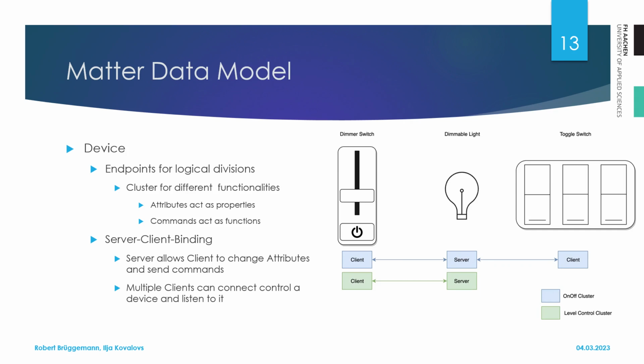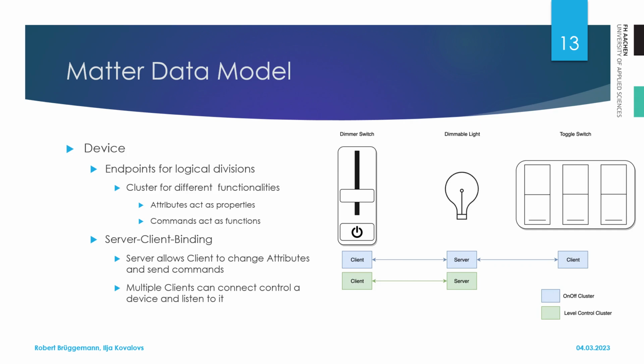For example, endpoint 1 can control a light, and the second endpoint can control a thermostat, for example. The endpoints consist of clusters, which have different functionalities, and each cluster has attributes and commands, which can manipulate the data in the same or other endpoint of the same or another device.